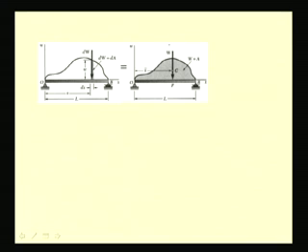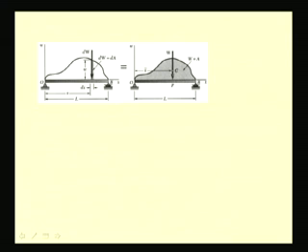We have already seen that the area under this curve gives the value of the total load, that is W, but now we have to determine the point of action for this concentrated load.